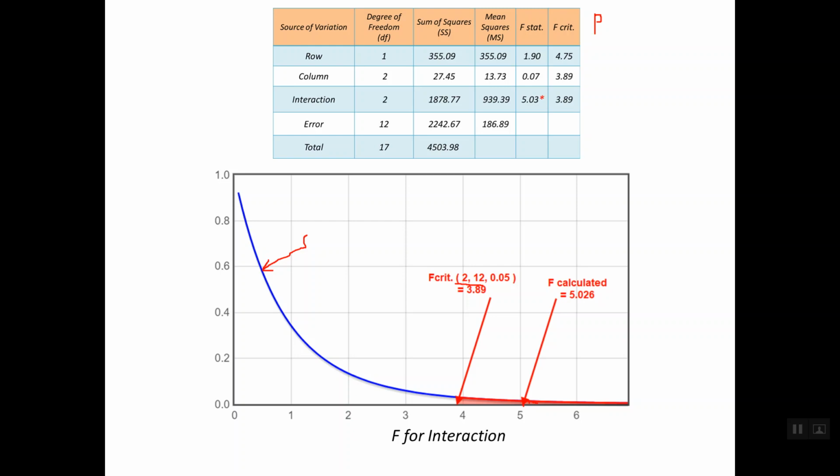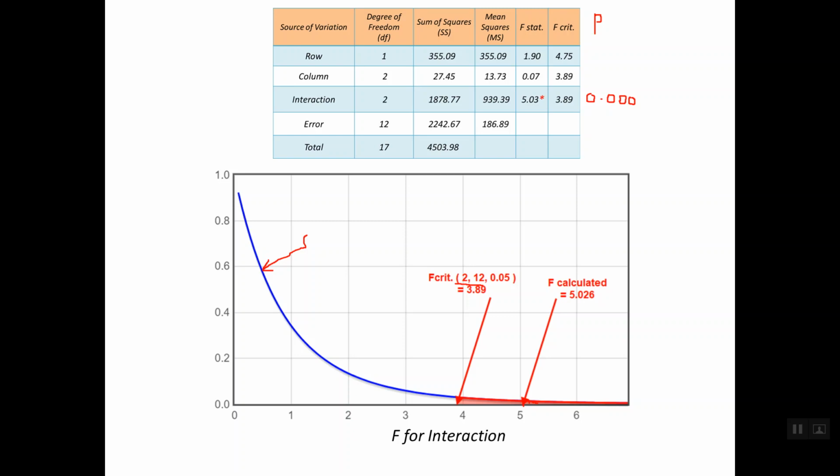Sometimes it is written like 0.000 up to 3 digits, for example. So because the value of the probability is less than the value of the significance level, we reject the null hypothesis and accept the alternative one.